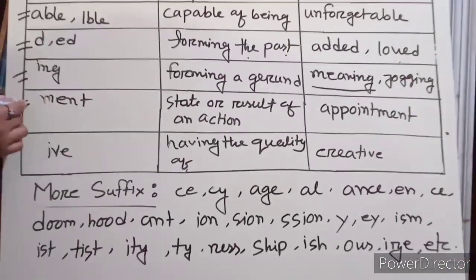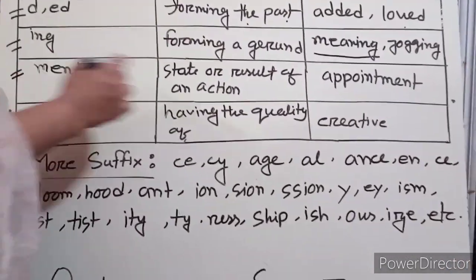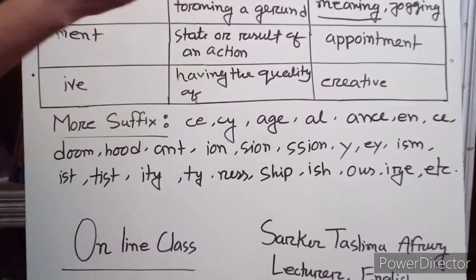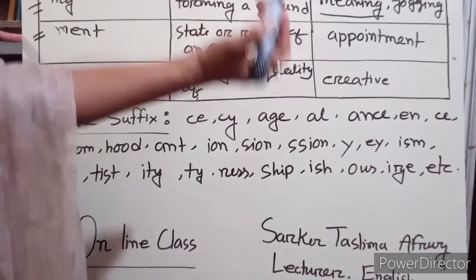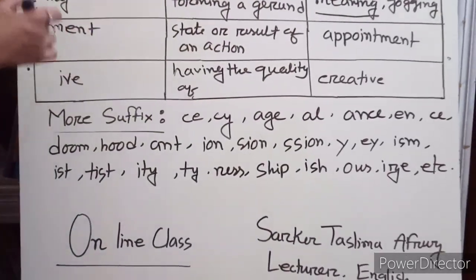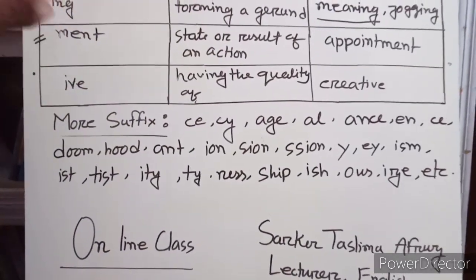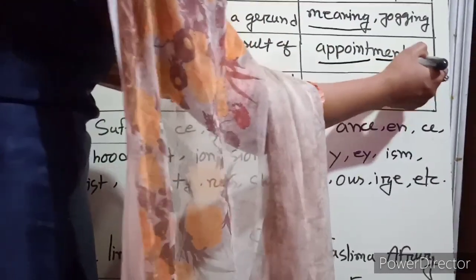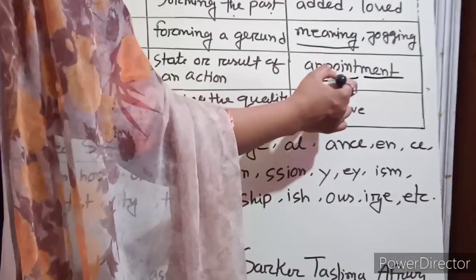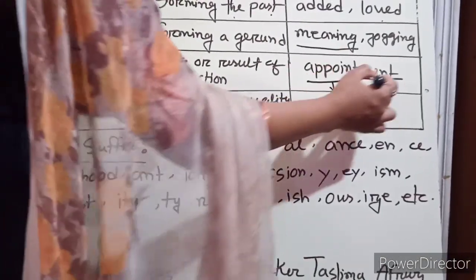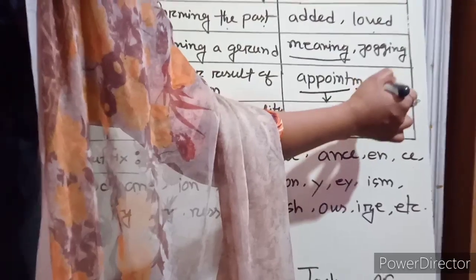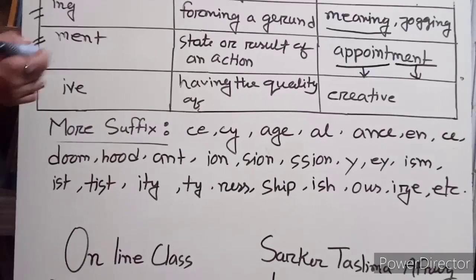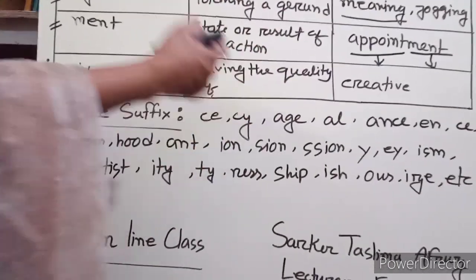Next one, ment. Ment means state or result of an action. Any kind of action. If you want to say action, in that case you can use ment after the root word. Appoint, and after that I used here ment. So my root word was appoint, then I used here ment: appointment. Next one, ive, having the quality of.